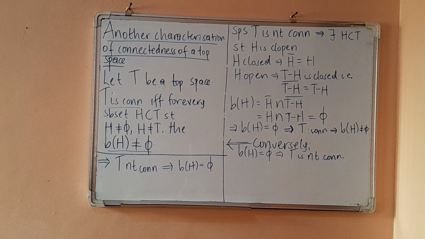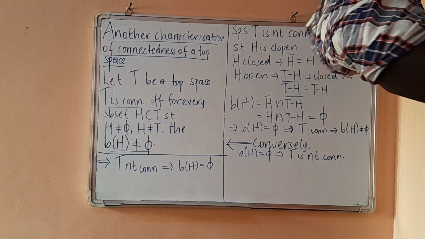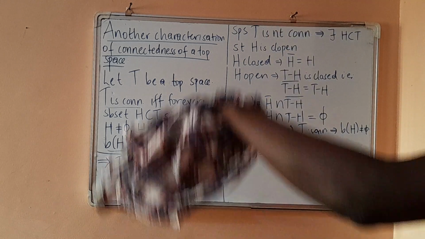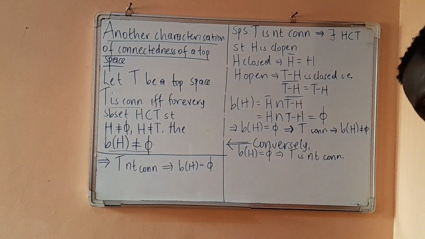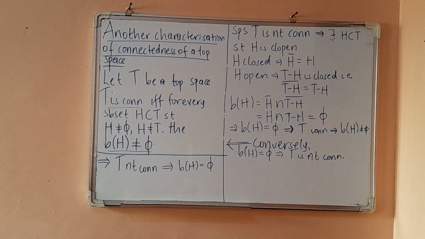I proved that the boundary of any set is empty if and only if that set is clopen. We prove that statement. So if the boundary is empty, that means that set is closed and open. I proved that statement. Kindly look through those videos.